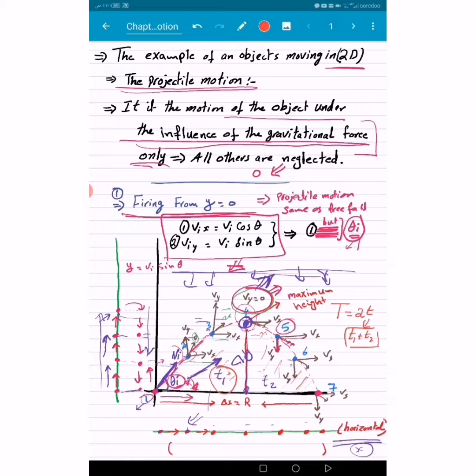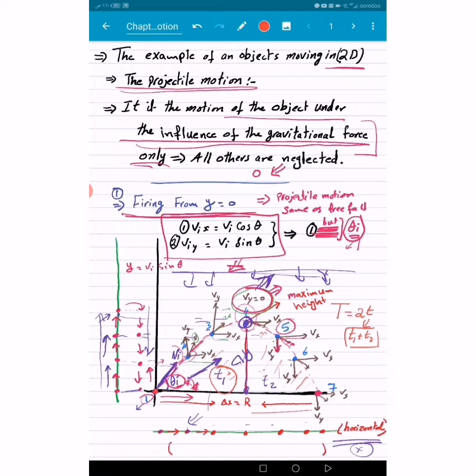What is the maximum point? It is the point where the object reaches the maximum height, when its velocity is equal to 0 in y. Here, what is the point between 1 and 7?